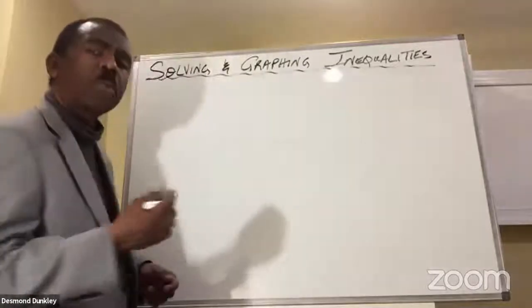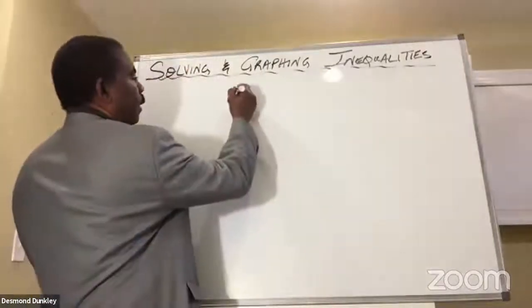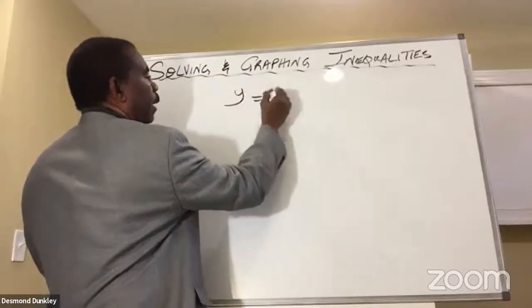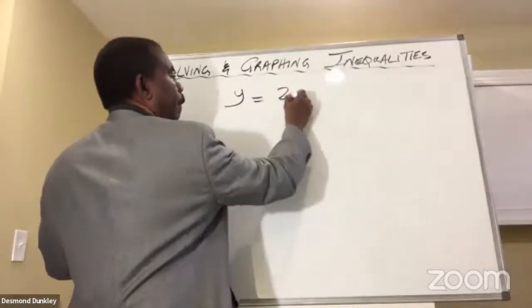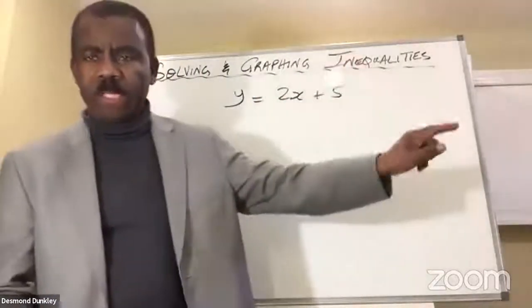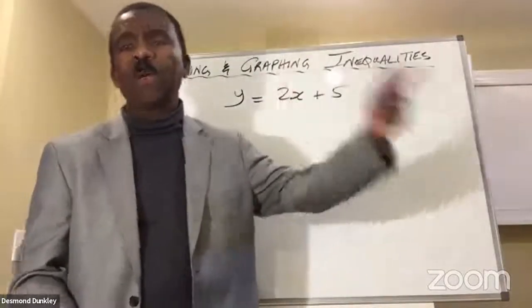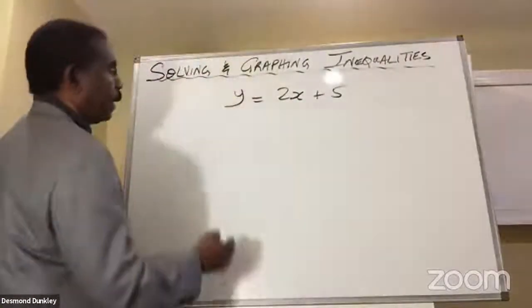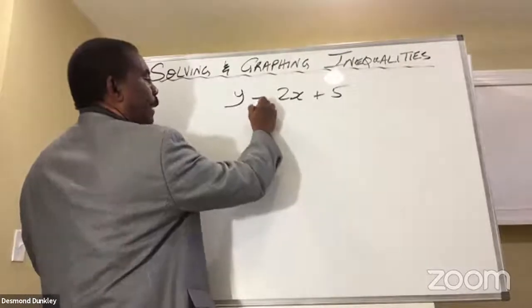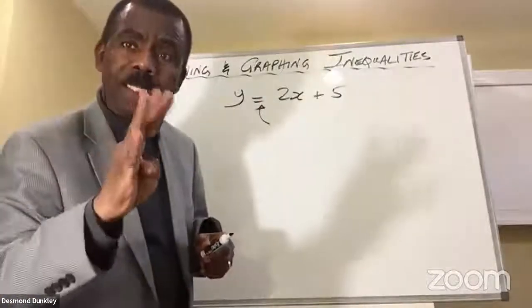Well, in order to understand and appreciate inequalities, you have to know that there are... this is what we call an equation, something equal, equation meaning equal. But in an inequality, instead of having the equal sign, you're going to replace it with one of four different signs.